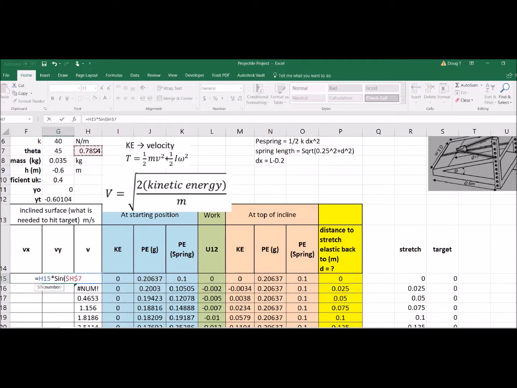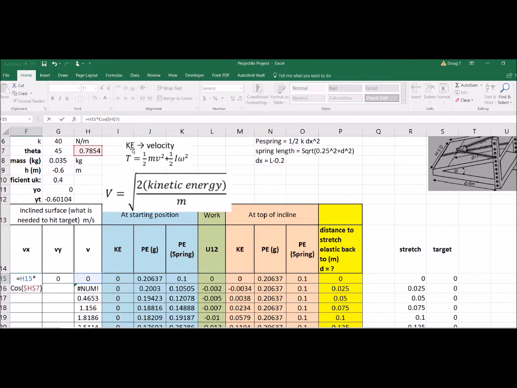And for whatever device you have, you'll have to really study the geometry to figure out what angle this will be launched at. Okay, so Vx is equal to V times cosine of our angle.